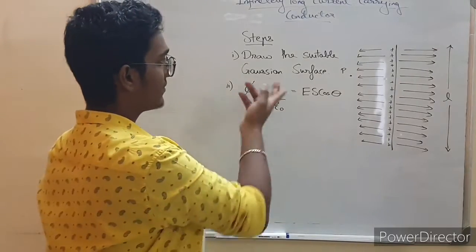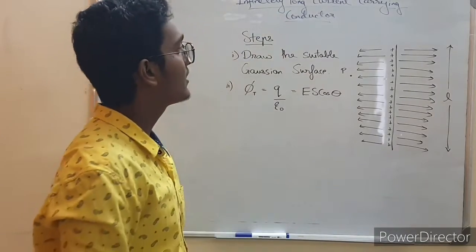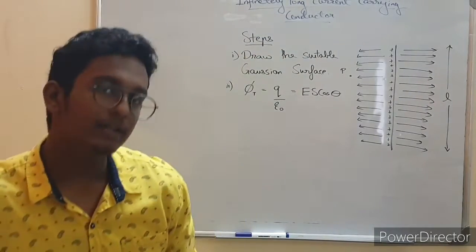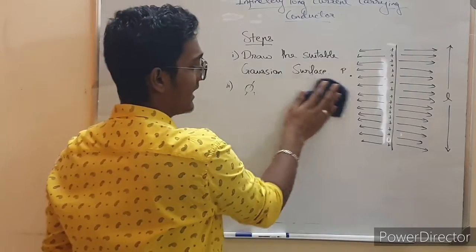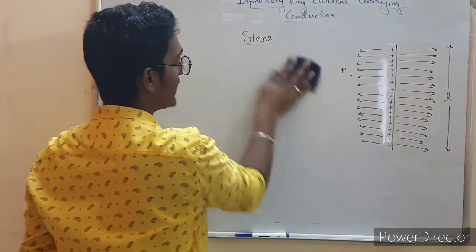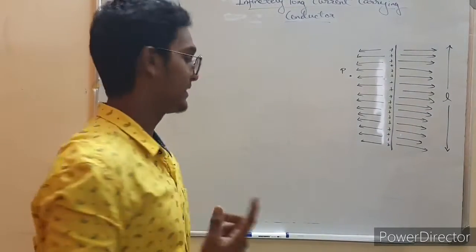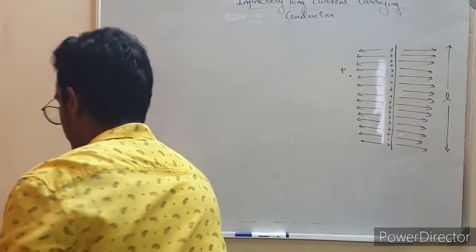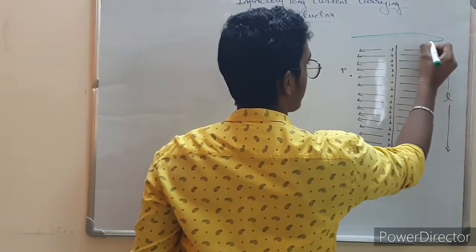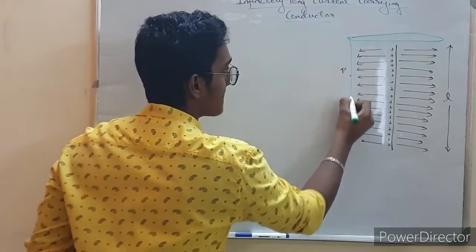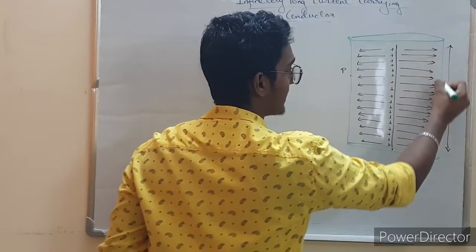So let's proceed with these steps for this case, an infinitely long current carrying conductor. What kind of Gaussian surface do you think we should draw? It's a line and you need to find the electric field at this point P. So what I'm going to draw is a cylinder. A cylinder is going to enclose this point P, as well as all the charges residing inside it.